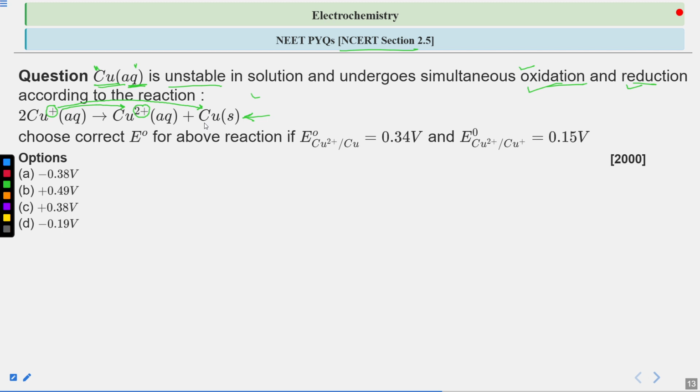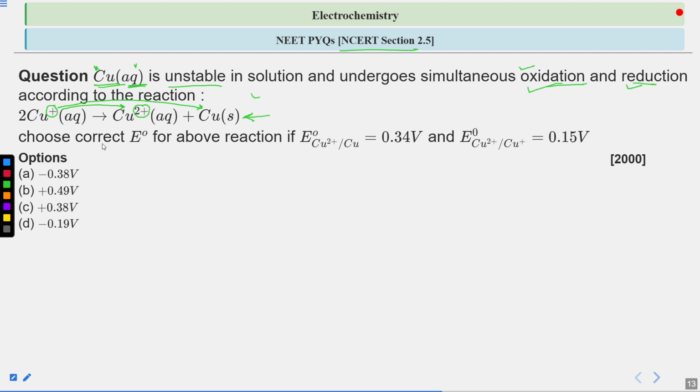By the basic definitions, if the oxidation number is increasing, oxidation is happening. If it is decreasing, reduction is happening. So here oxidation and reduction both are happening simultaneously.